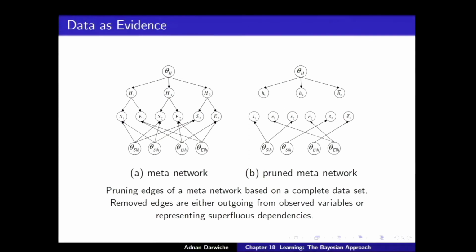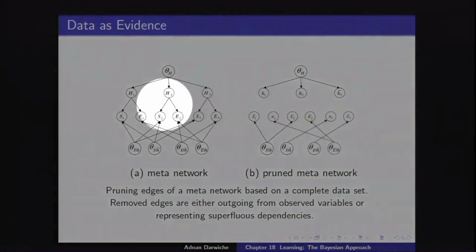That does not explain every edge that was removed in this case. Correct? There were more edges removed, not by this principle, but by another principle, which you discovered just like 10 minutes ago. Remember what that is? Look at this guy, S1. How many edges going into S1? 3 from H and 2 parameter sets. What did we say about these 2 parameter sets?